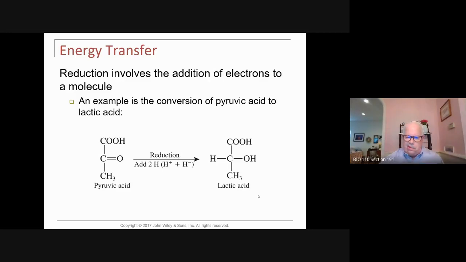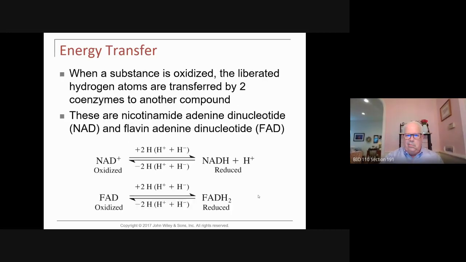Know the difference. When hydrogen is removed from a substance, it's called oxidation. And you liberate 2 electrons, and those electrons are called hydrogen.